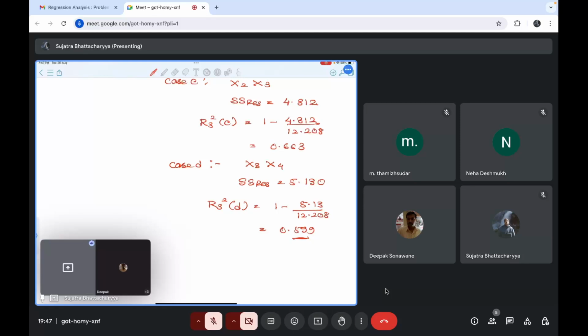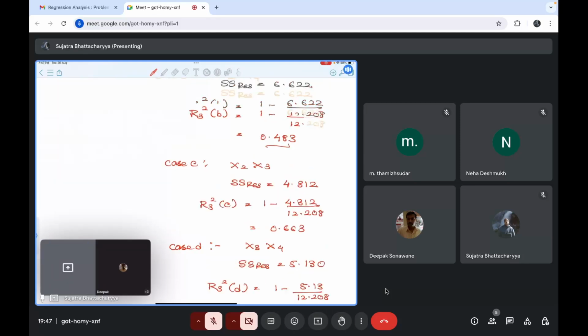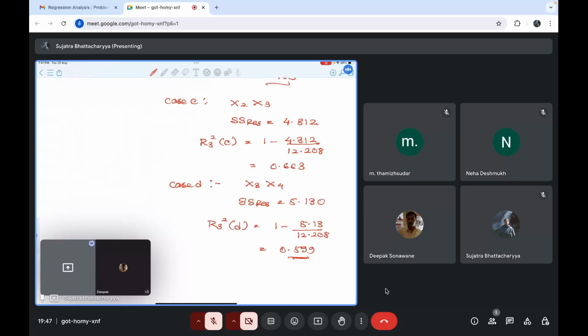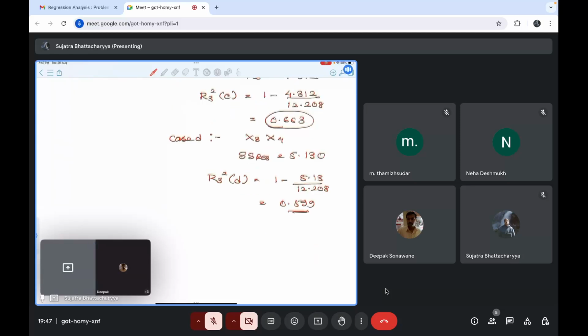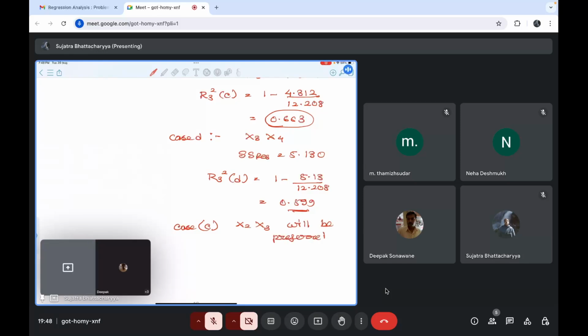So which one is better? 0.599 in D, 0.663, 0.483, 0.548. So case C, which is x2, x3, will be preferred because maximum of RP square has to be preferred, because RP square is maximum.